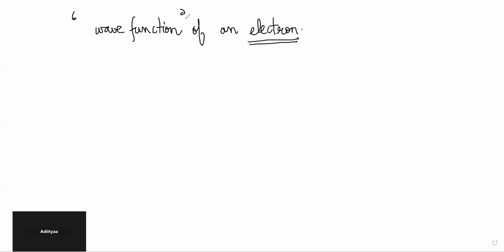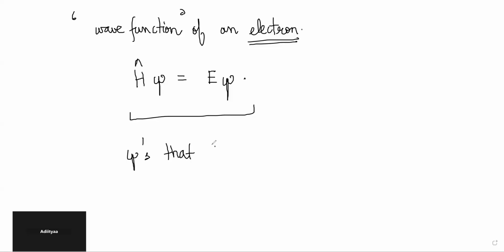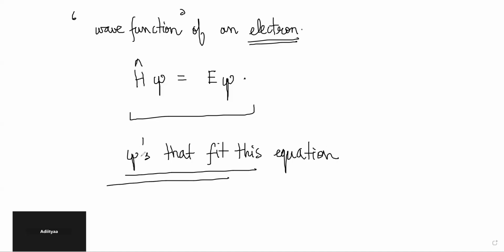So what we will get are some psi's that fit this equation, the solutions of this equation. Those psi's will be special in some way because they are solving this equation. And notice that this equation was constructed for a particular atom, right?